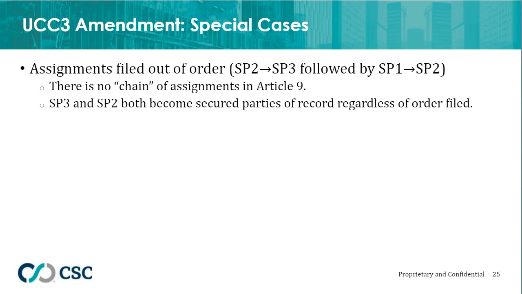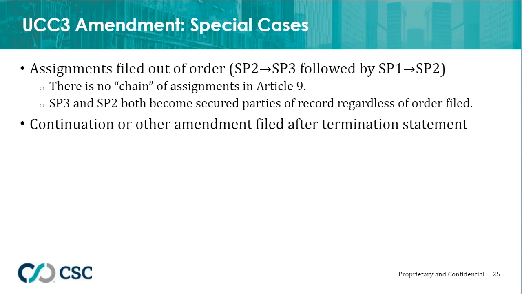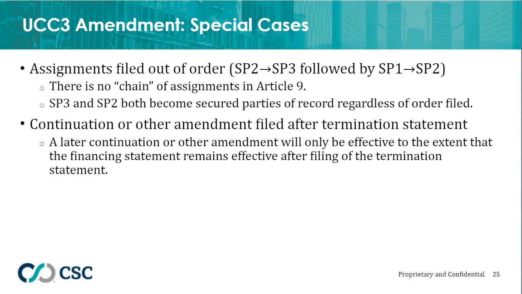What happens if a continuation or other amendment is filed after a termination statement? This happens frequently. Well, the bottom line on it is that a continuation statement or amendment filed after the termination will only continue or amend the financing statement to the extent the financing statement remained effective after the termination.